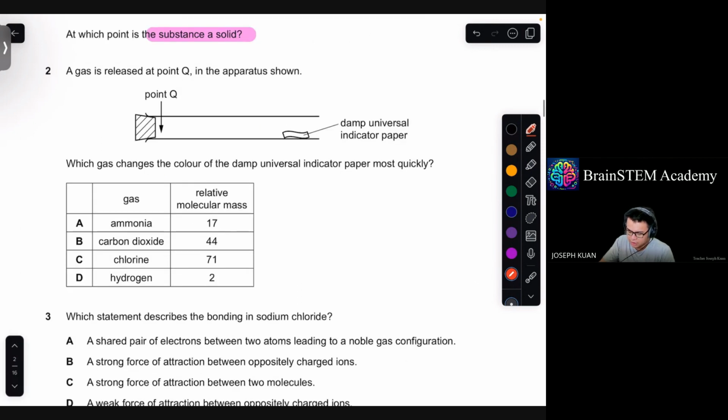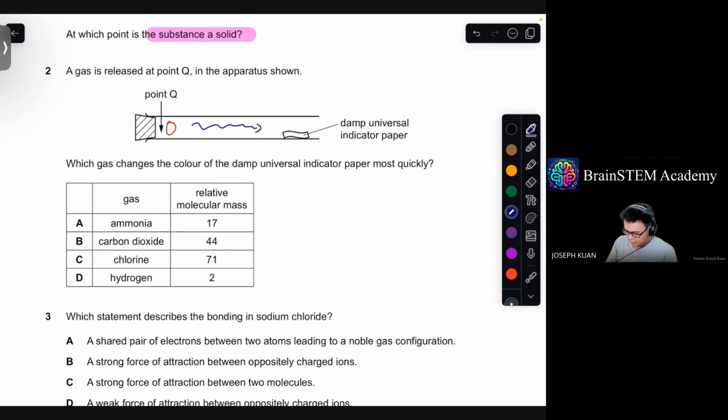2. A gas is released at point Q in the apparatus shown. Which gas changes the color of the damp universal indicator paper most quickly? Now, in order for the gas here to actually affect the universal indicator paper, the gas will have to diffuse across the tube and reach the universal indicator paper.